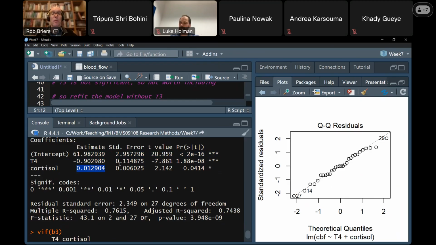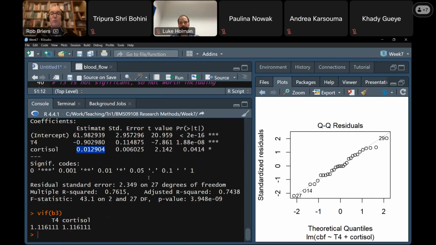We can't easily plot this, though, because we've got two things at the same time. You could plot it, but it would be a three-dimensional plot with X, Y, and Z axes. You can plot them individually, but the actual line being fitted is slightly different from the one given here because you're not putting them together.